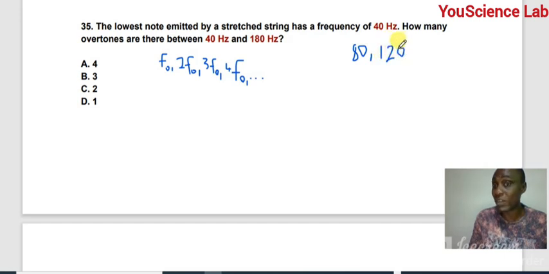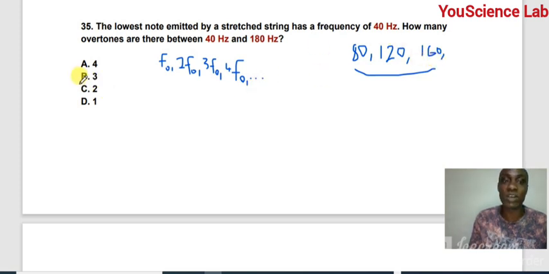The second overtone. And 40 times 4, that's going to give me 160, which is the fourth harmonic or the third overtone. The next harmonic is going to be 5 times 40, which is 200. So between 40 and 180, we are going to have just 80, 120, and 160 as overtones.